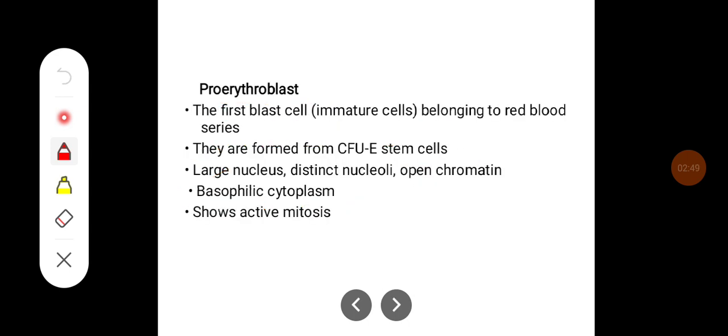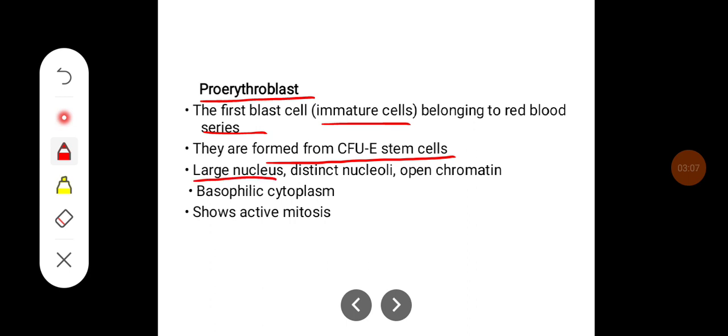Then they undergo into proerythroblast stage, where the first blast cell, immature cell, belonging to the red blood series, is proerythroblast. They are formed from the colony forming unit of erythroid series stem cells.